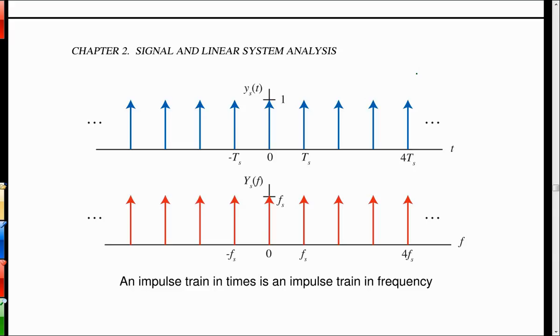So there's 3 signals that have Fourier transforms that look like the signal itself. This is one of them. Impulse train in time is impulse train in frequency. There's 2 more signals out there that I know of, and he claimed there was only 3 in existence that have this property. Does anybody want to take a guess?